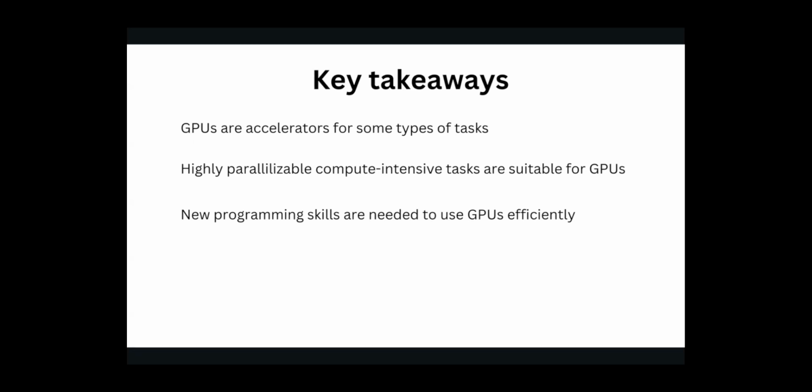And in order to do GPU programming, we need to learn some new programming skills. These are the key takeaways from this part. We assume that we are all quite familiar with it, but it's just a revision of why we want to use GPU and what things we need to discuss.